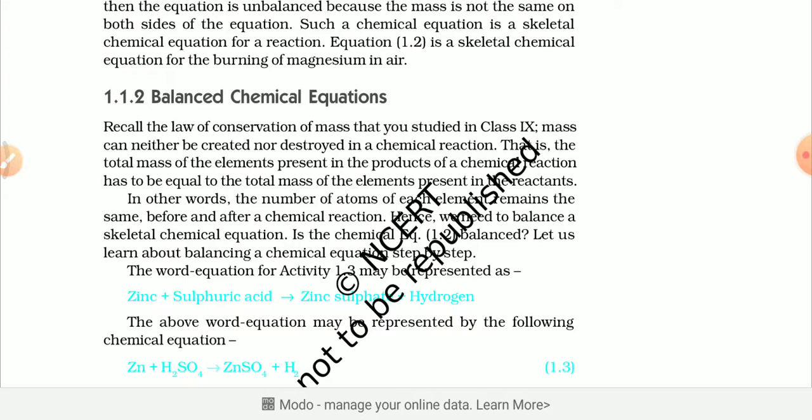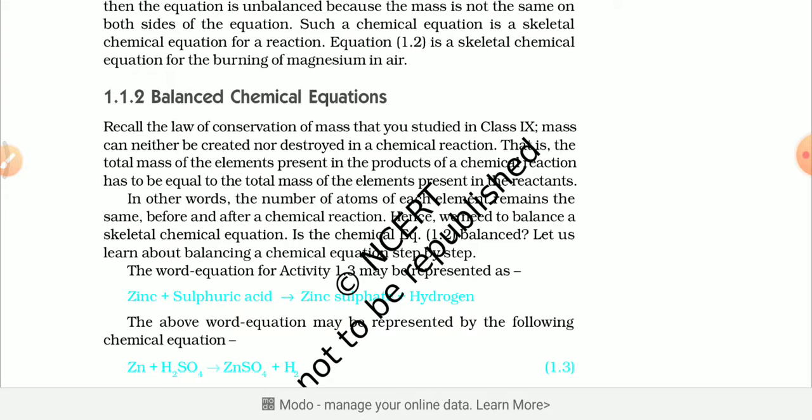Now I would like to give the definition of a balanced chemical equation. The process of making the number of different types of atoms equal on both sides of an equation is called the balancing of an equation.